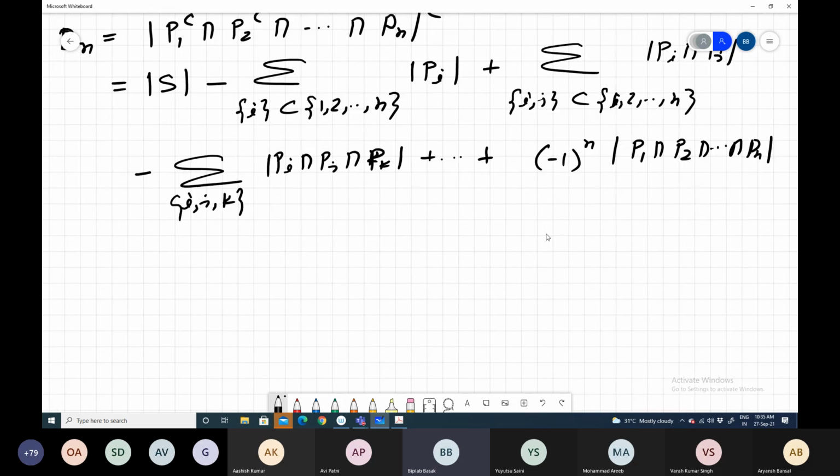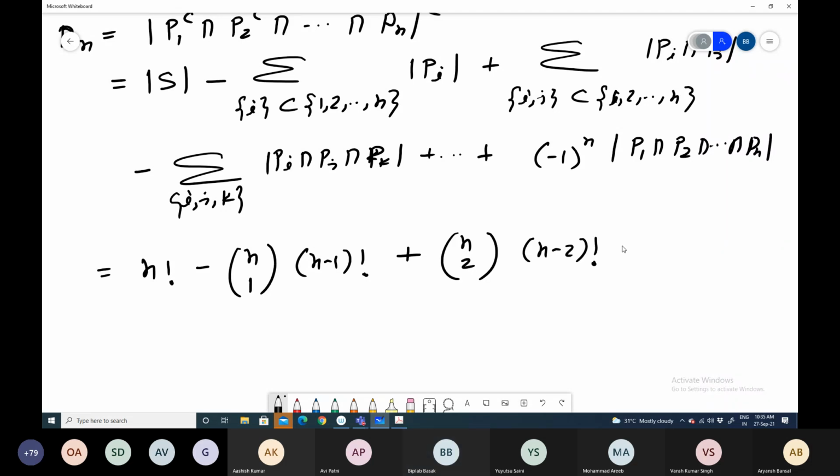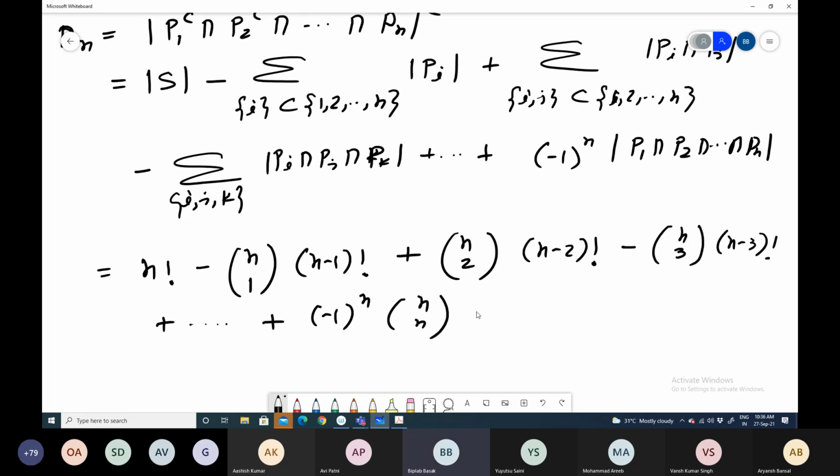The first term will be factorial n. Then n choose 1 times factorial (n minus 1), plus n choose 2 times factorial (n minus 2), minus n choose 3 times factorial (n minus 3), and it goes on, and the last term will be minus 1 power n, n choose n, factorial (n minus n).